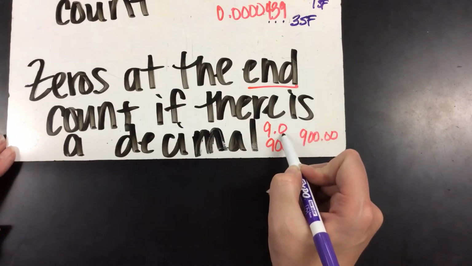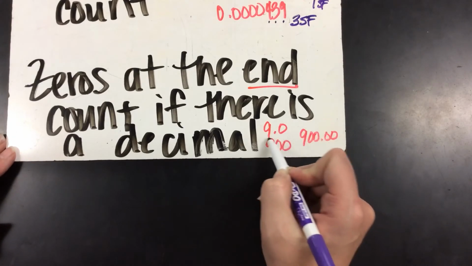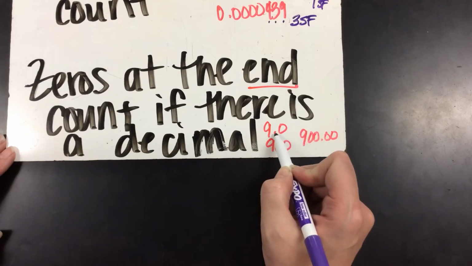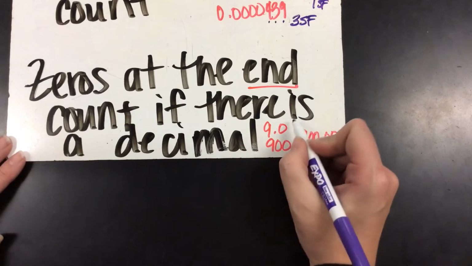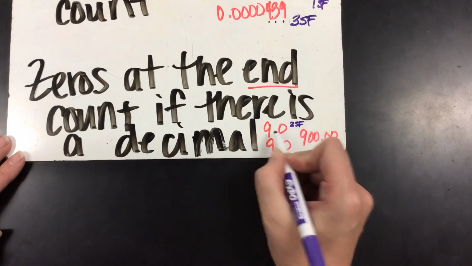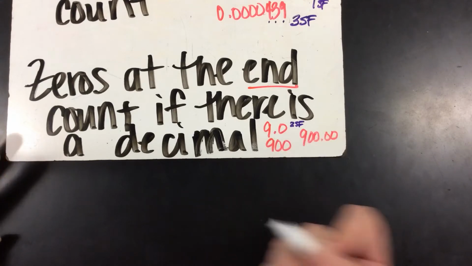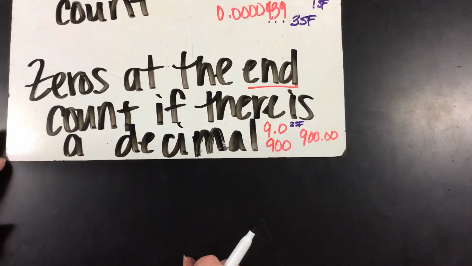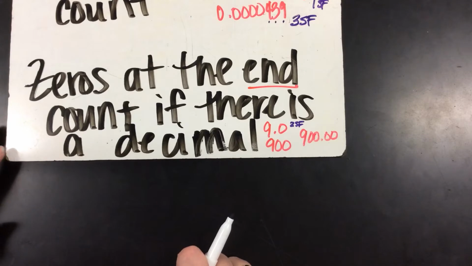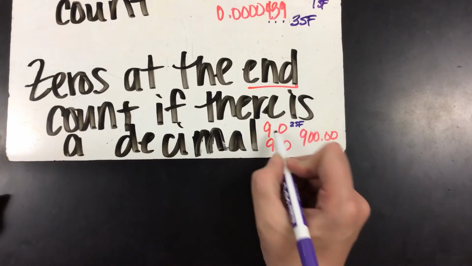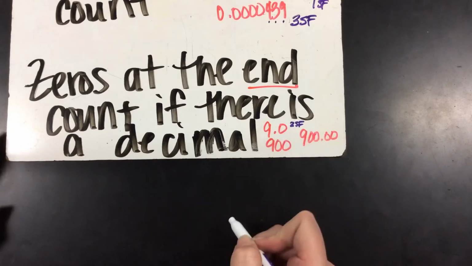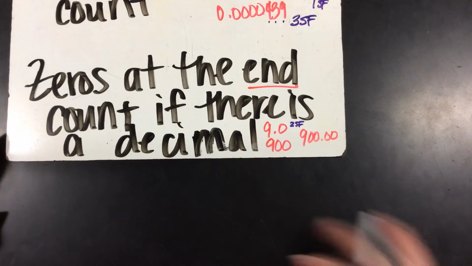So this 0 is at the end of the number, at the end of the 9. It is going to count because there's a decimal place in that number. So there are 2 Sig Figs in 9.0. The reason that 0 counts is because somebody actually took the time to measure very accurately that it's exactly 9 centimeters or whatever else.